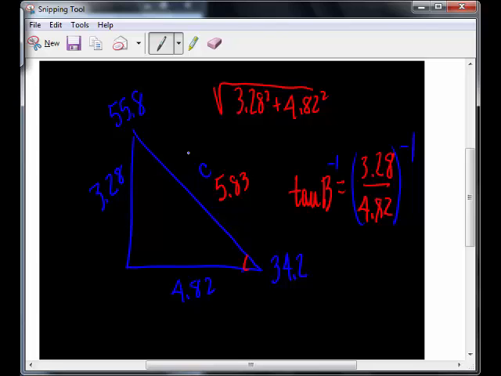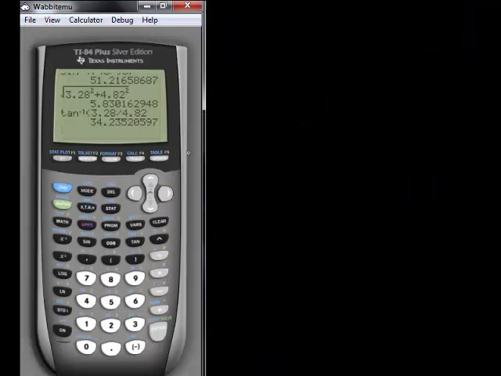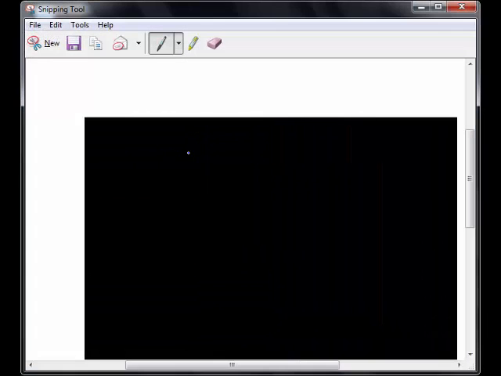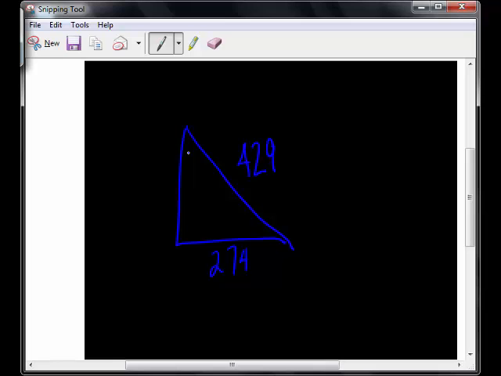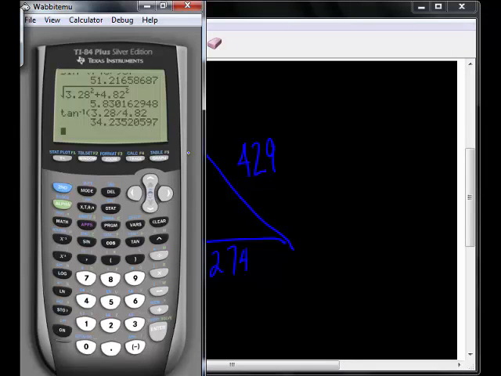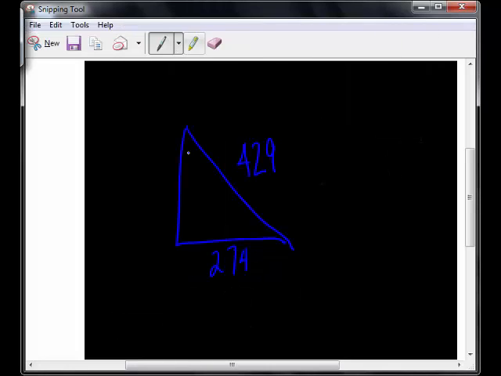Number 20, last one. A is 274 and C is 429. Oops, we have to write down our math first before we take out our calculator.